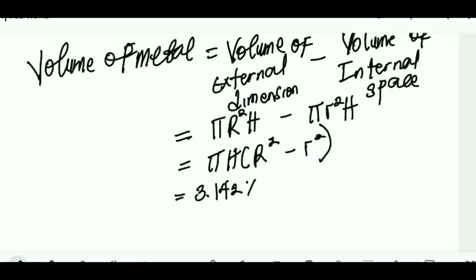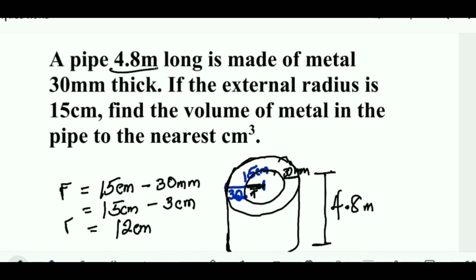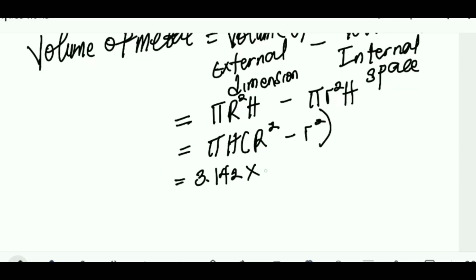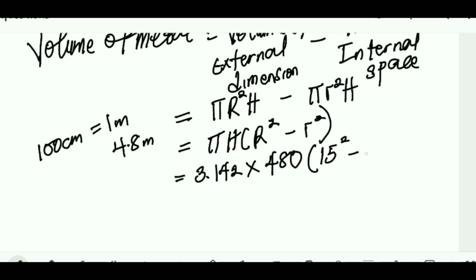All right, times h. H is given to me in meters. This is the height, 4.8 meters. But remember, we are finding the volume in centimeters cube. So I'm going to change that to centimeters, and that's 480 centimeters because 100 centimeters is equal to 1 meter. So 4.8 meters will be 480. So my big R is 15 squared minus small r. We got small r as 12.